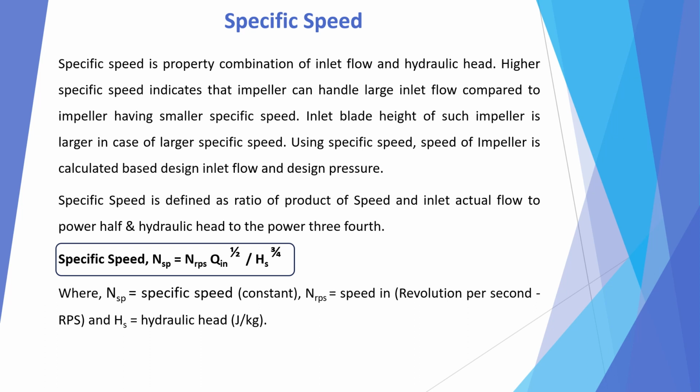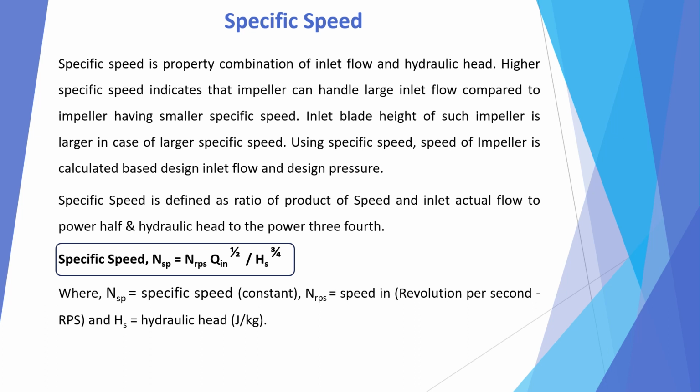Using specific speed, speed of impeller is calculated based on the design inlet flow and design head or pressure. Specific speed is defined as the ratio of product of speed and inlet actual flow to the power half, and hydraulic head to the power 3 by 4.